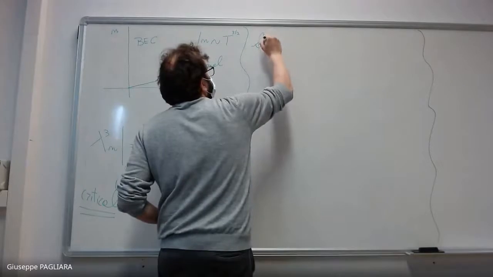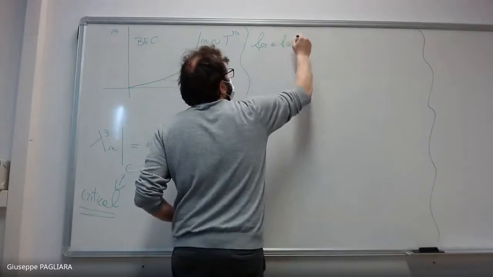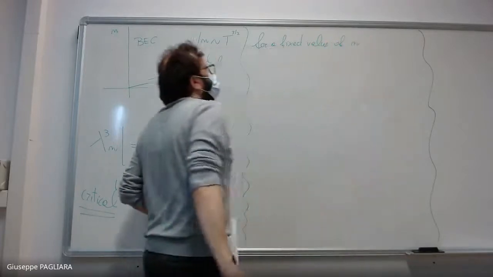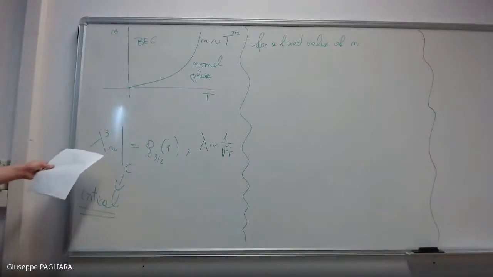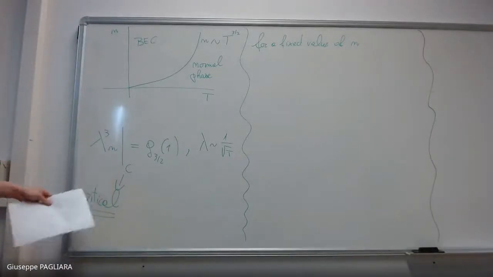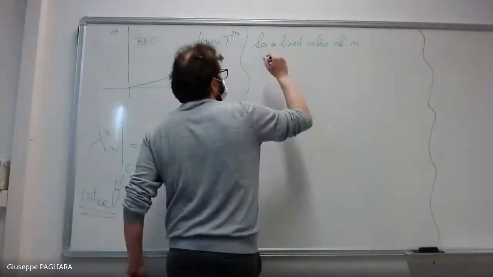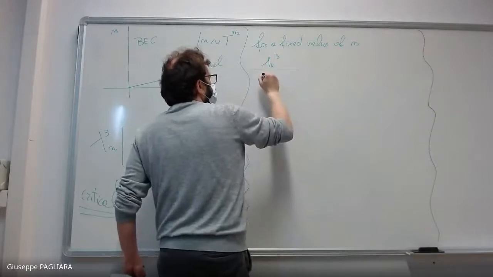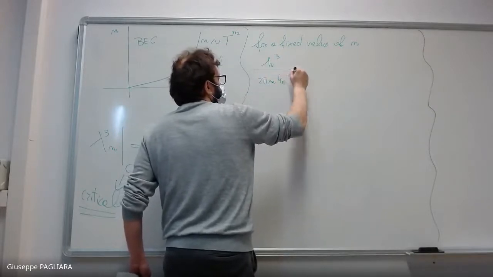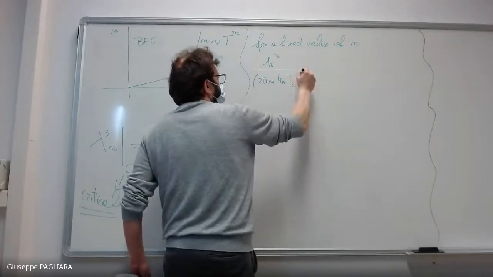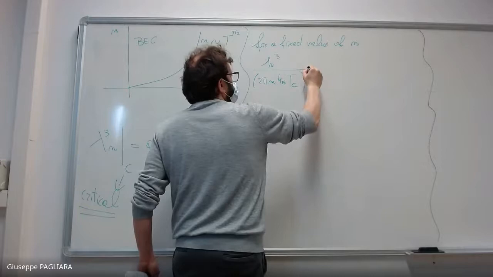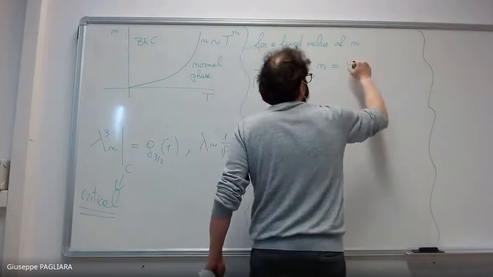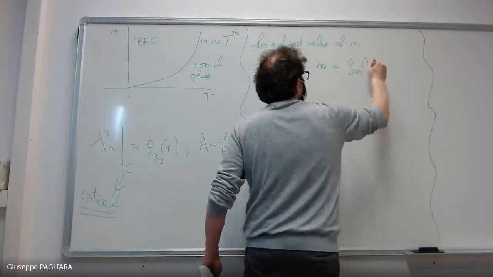So let me find the critical temperature for a fixed value of n. I can define a critical temperature by using this relation. So lambda cubed is h to the power of 3, then I have (2 pi m k_B T_C) to the power of 3/2, times n equal to g_{3/2} of 1.